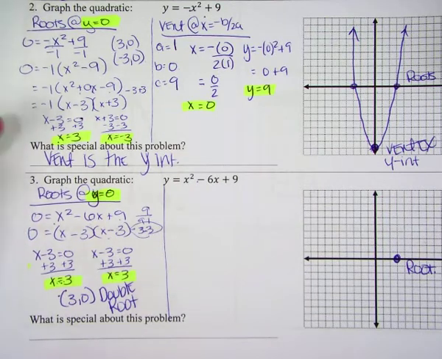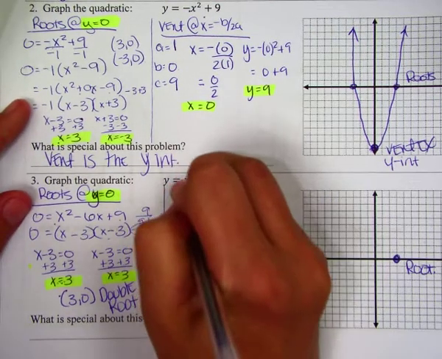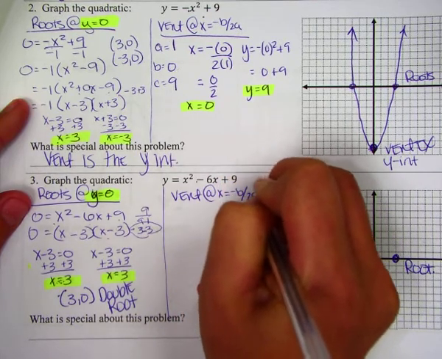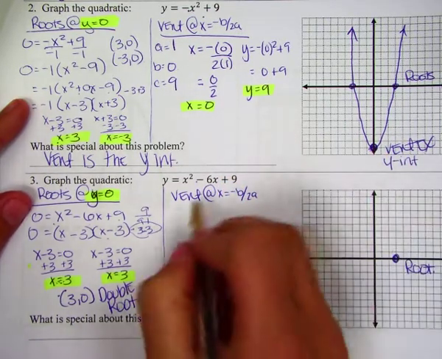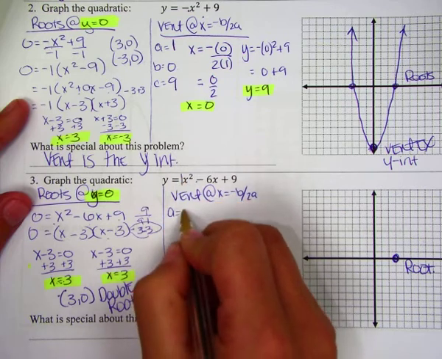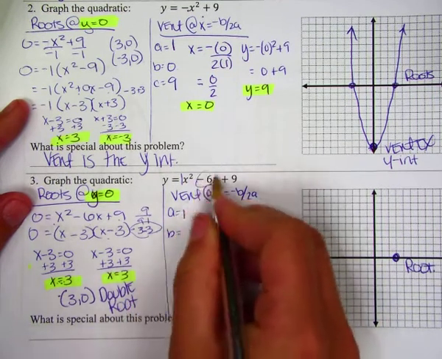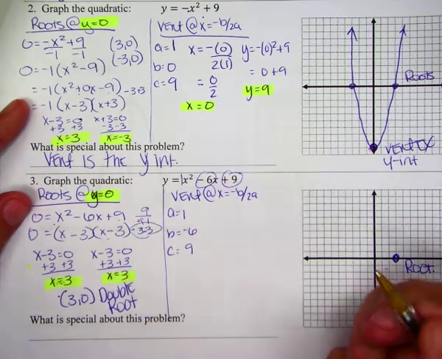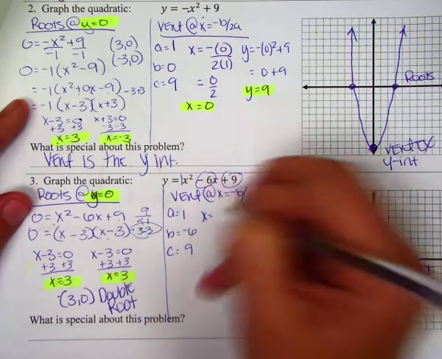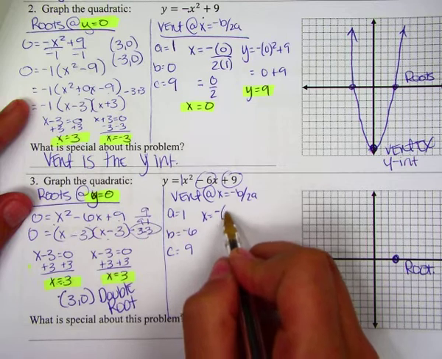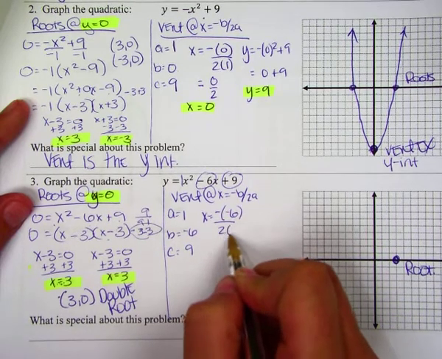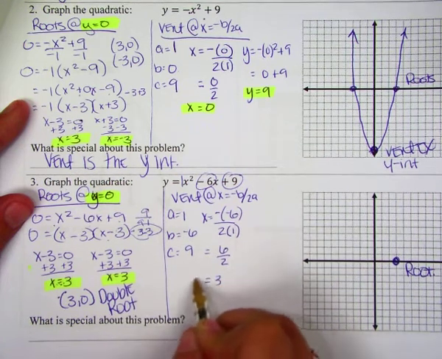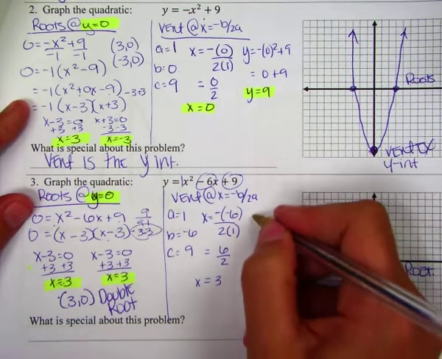Let's solve for our vertex. I think it's going to help us understand what's happening here. So our vertex is at negative b over 2a. So a equals 1, b equals negative 6, and c equals 9. So x equals negative b over 2a. So the x-coordinate is 3.